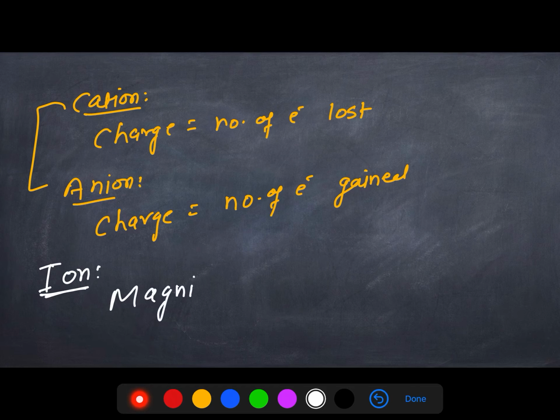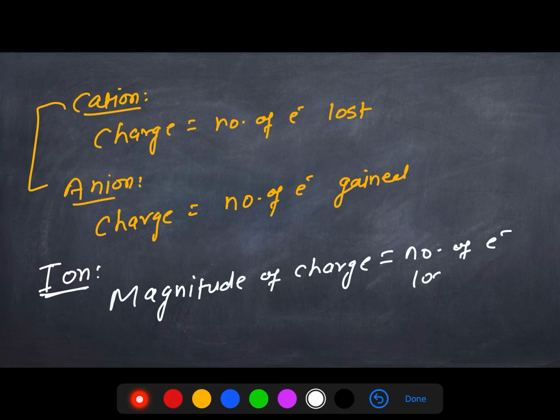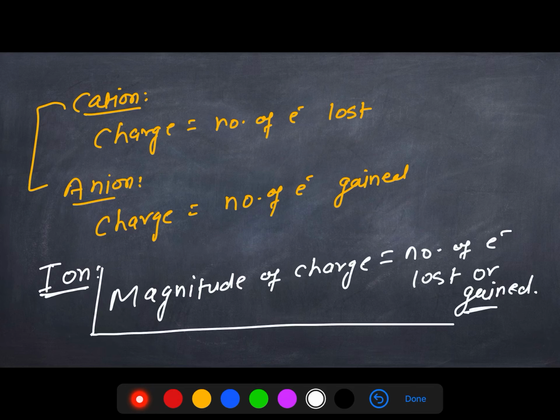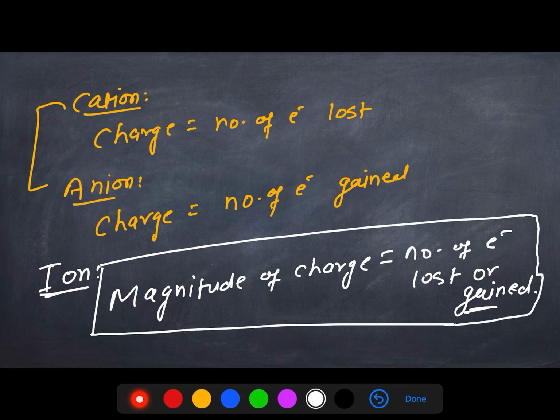So in total, if we have to summarize, for any particular ion, can we say that the magnitude of charge will be equal to the number of electrons lost or gained? We'll keep this in mind. Whatever the charge, whether it be a positive ion or a negative ion, the magnitude of charge will always be equal to the number of electrons it has gained or lost.